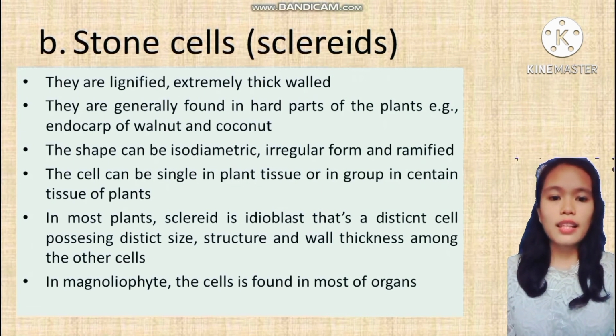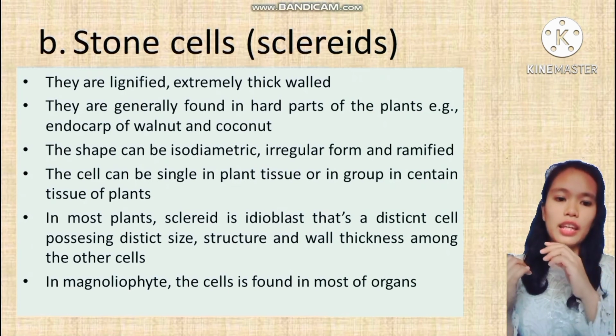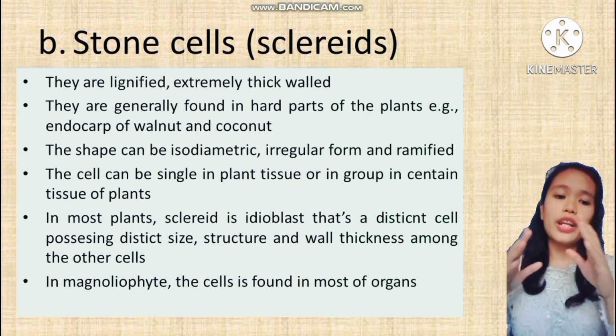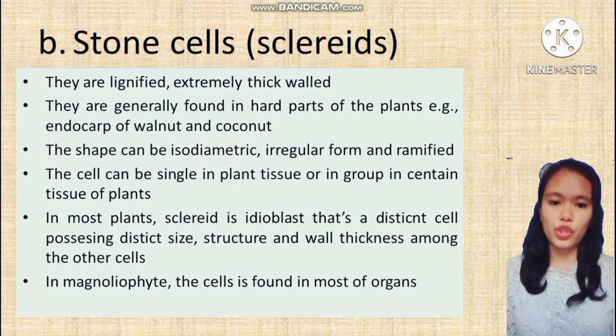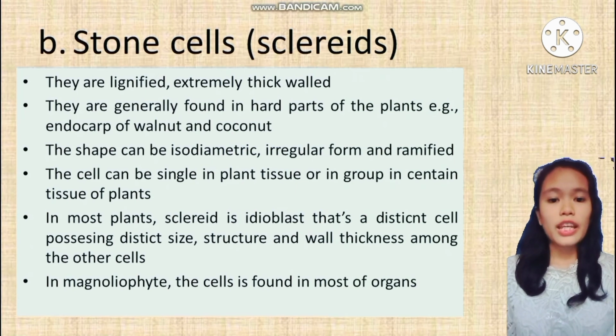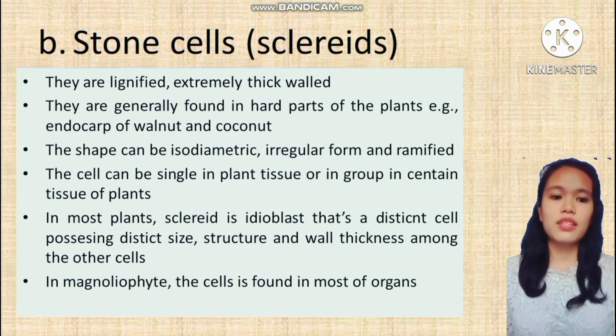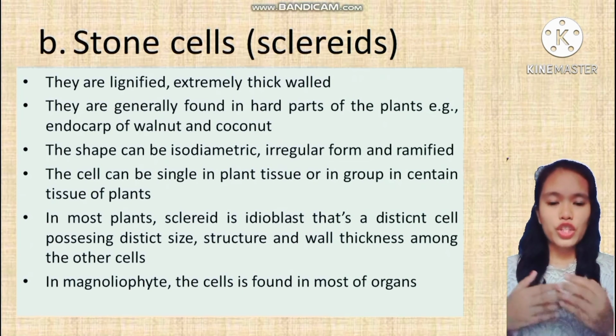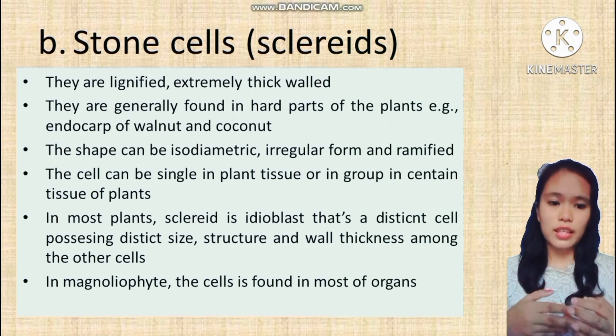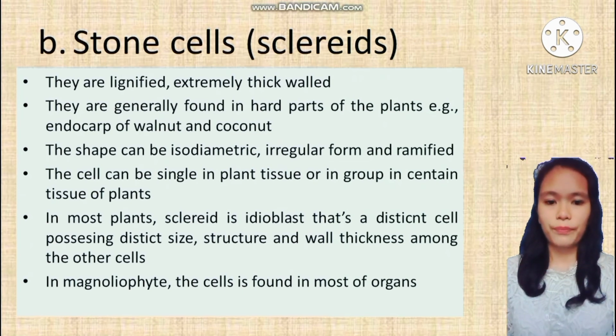The cell can be single in plant tissue or in groups in certain tissues of plants. In most plants, sclereid is an idioblast, a distinct cell possessing distinct size, structure, and wall thickness among the other cells.